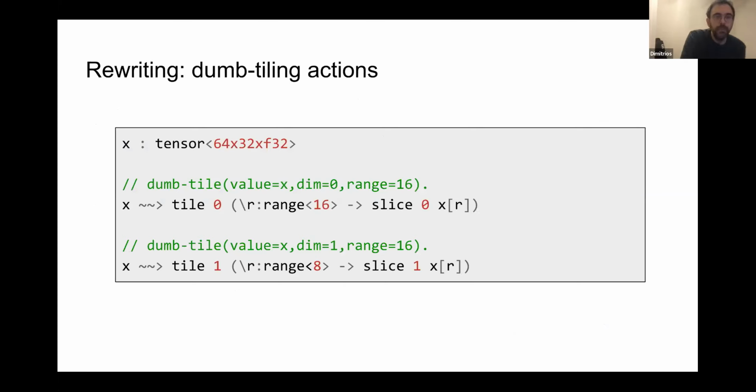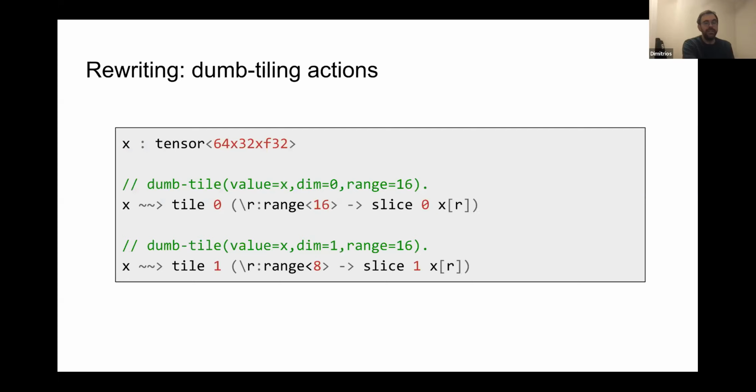Okay, so rewriting. Now we know the equivalences, right? But I haven't told you anything about how we do any sort of rewriting. The first kind of rewriting that we do, we call dumb tiling actions. And we call them dumb tiling because they have nothing intelligent about them. They really just serve as bootstrapping the whole rewriting process.